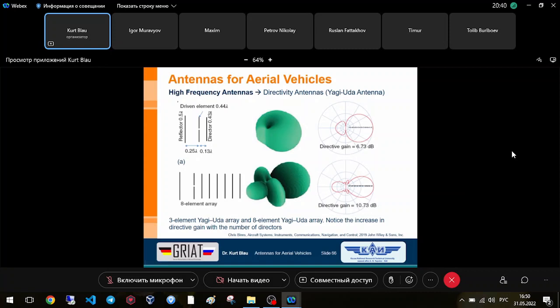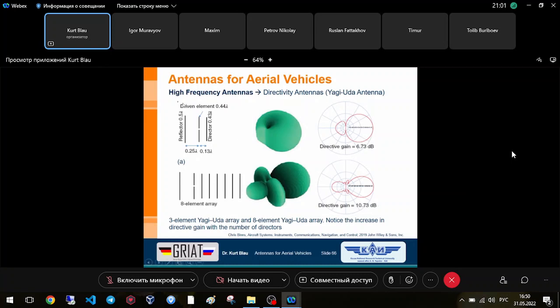We know this from optics. We have a lamp, for instance, a light source, and then we have a mirror with a certain shape, and then we can concentrate the light in a certain direction. And a very simple principle was shown here.